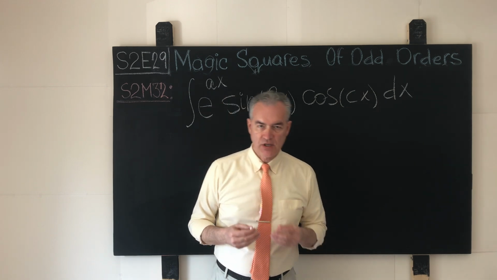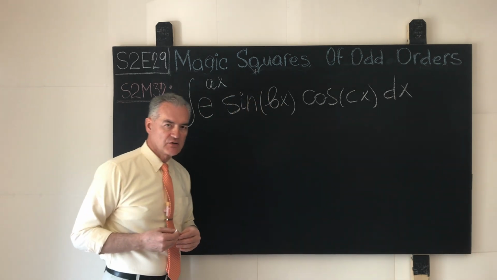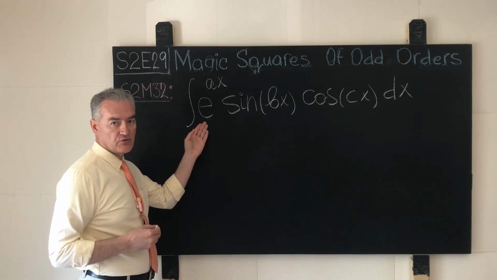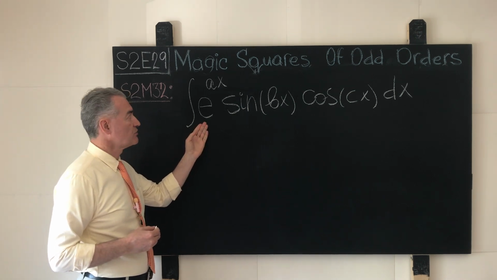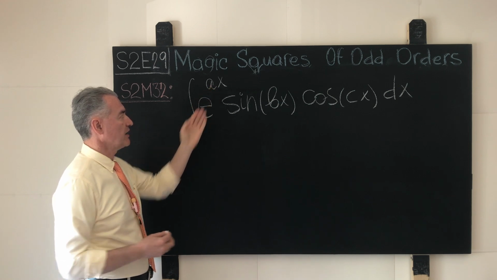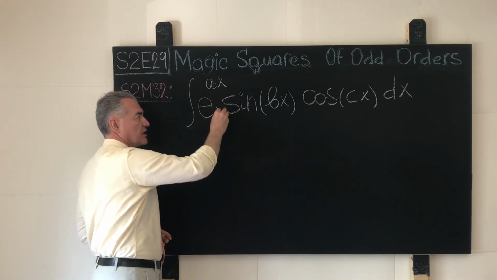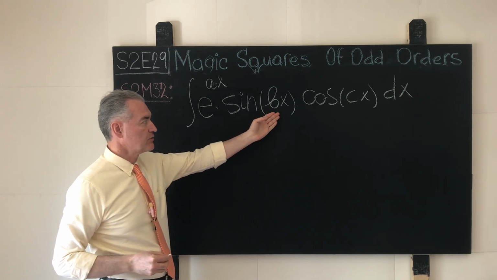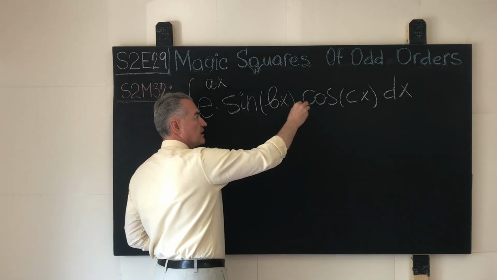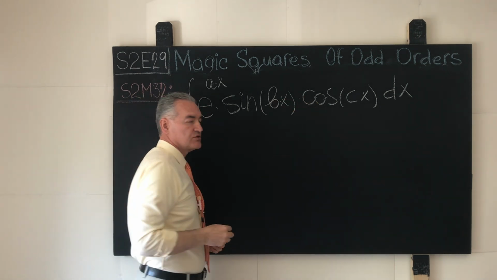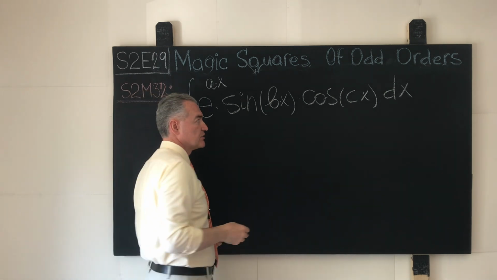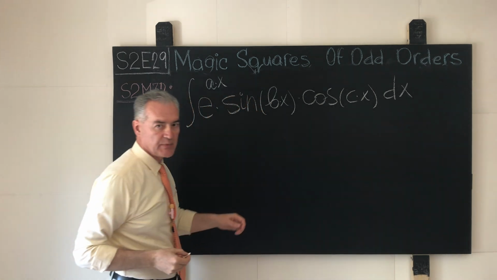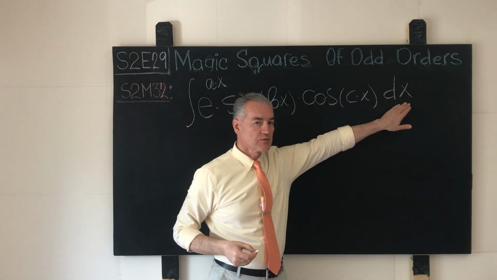And in that challenge, we are asked to evaluate the following indefinite integral. e, the base of the natural logarithm, raised to the power a times x, times the trigonometric function sine evaluated at the argument b times x, times the trigonometric function cosine whose argument is c times x, and the entire integration is carried out with respect to the dummy integration variable x.